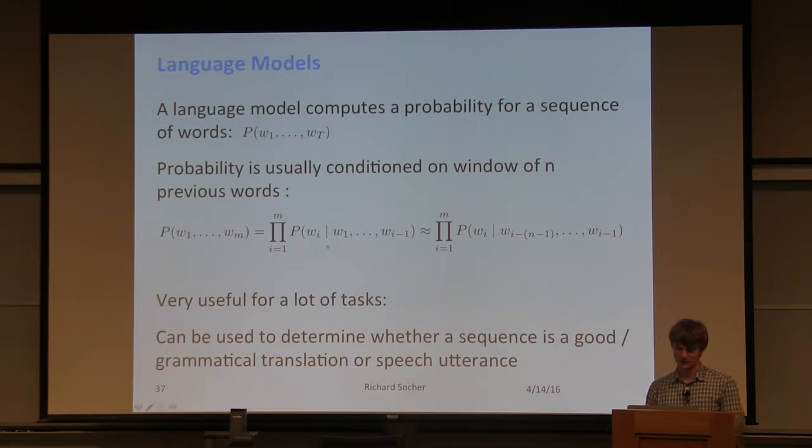So what's very commonly done is you approximate the probability of the next word not conditioned on all the words before, which might be hundreds or thousands if you have a longer document, but only a specific window size. The window here might be N, and I will only look at the N previous words of the current word.